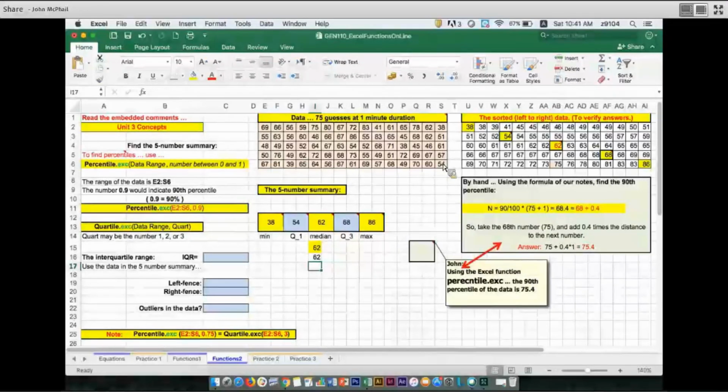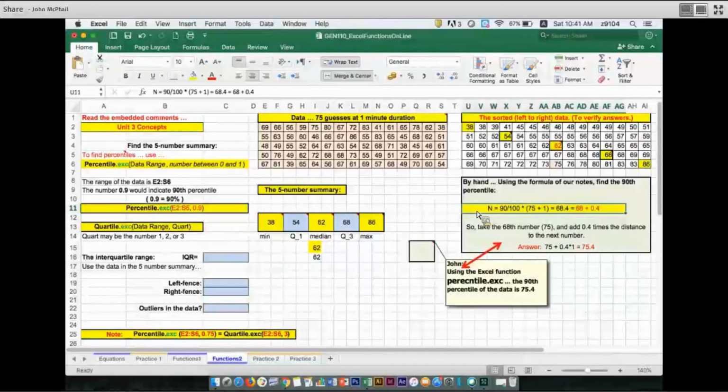When we did these calculations by hand, we needed sorted data. We would use a formula such as the one indicated here for the position of the number we were looking for. In the case of the 90th percentile, we do 90 divided by 100 times n plus 1. That gives us 90 out of 100 times 76, which is a decimal number, 68.4.